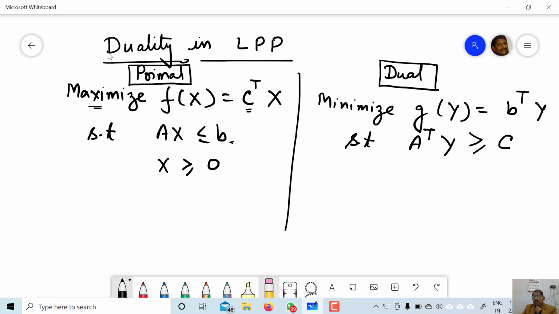I will also give an example so that you can easily understand this. And because you have included a variable y, the variable y should be greater than or equal to 0. It should not be negative. So this is the actual problem, called the primal problem, and this is the dual problem of the same problem.